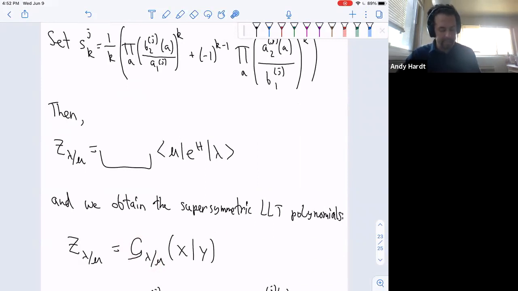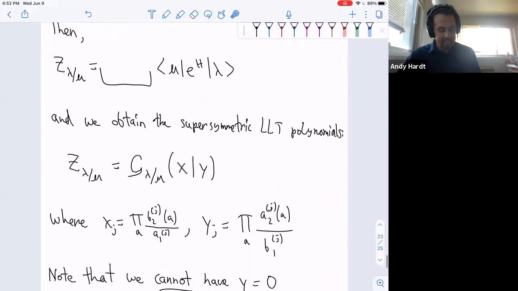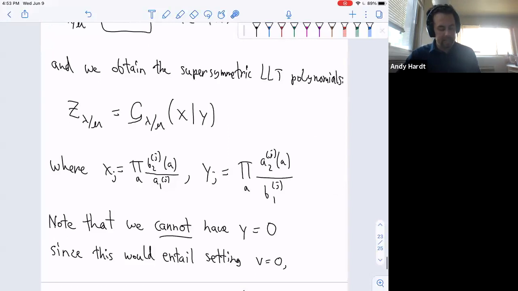We can get this for any x and any y, where the x's are this, the y's are this. However, we have a problem, which is that we cannot have y equals 0 because of that second bullet point of conditions. We can't have y equals 0 because that would entail setting b equal to 0 essentially.